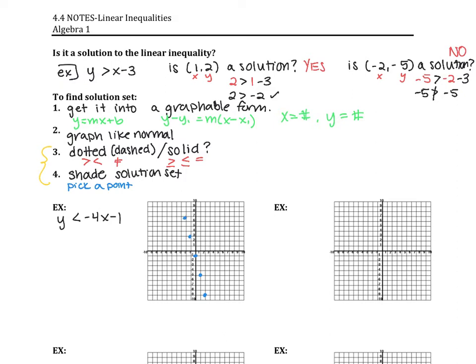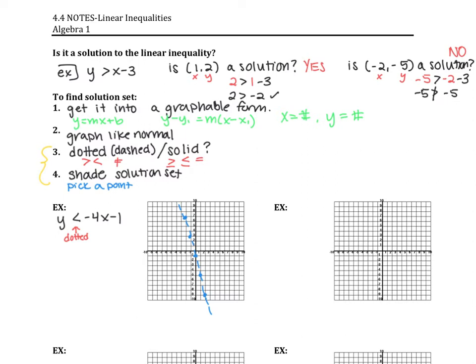Now, the next thing I need to determine is if this is going to be a dotted or a solid line. Well, I'm going to determine that based on the fact that this is a less than sign. So this is going to be a dotted line. Now, the way that I graph a dotted line is I just draw it like this. You can see why people might call it dashed.